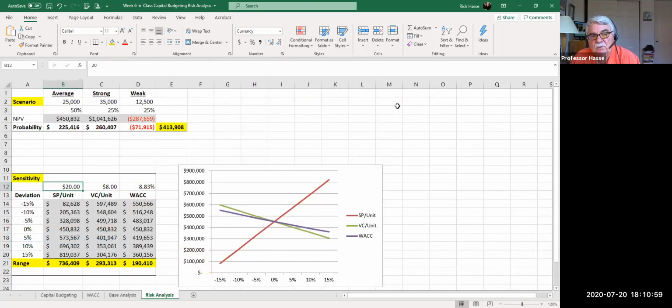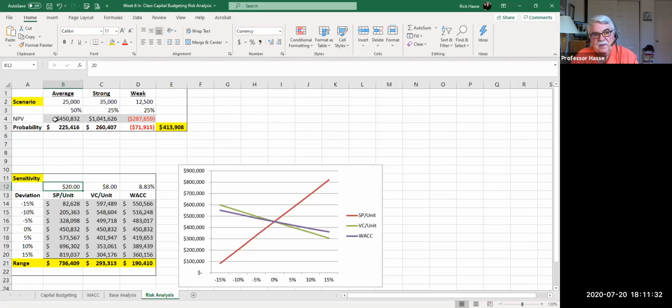And we looked at that last week where we put together what is called a scenario analysis, which is taking a look at the probability of different output levels throughout the 10-year life of the project. We weighted that by the probability to determine a weighted average NPV under the scenario analysis, taking a look at average or base case analysis, strong economic analysis, and a weak economic analysis on output.